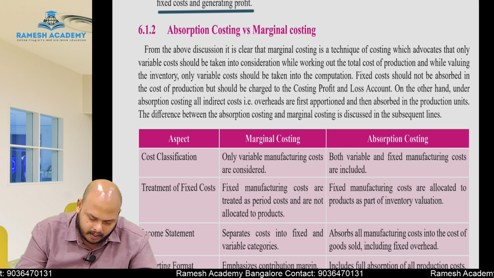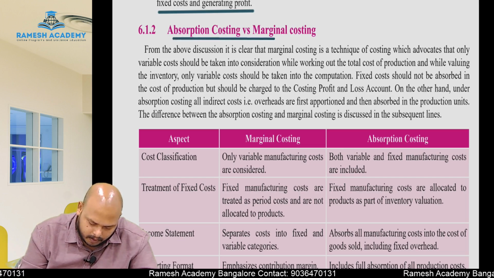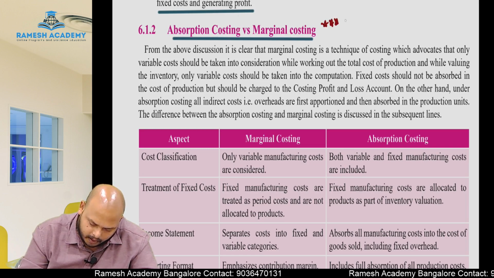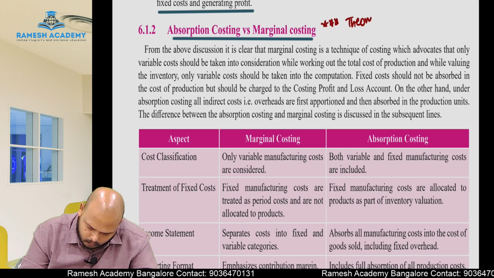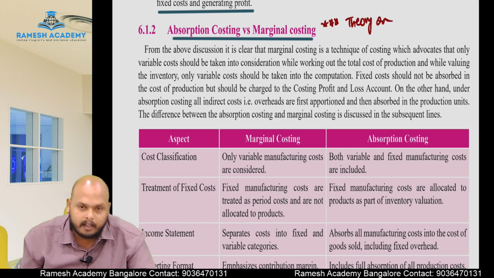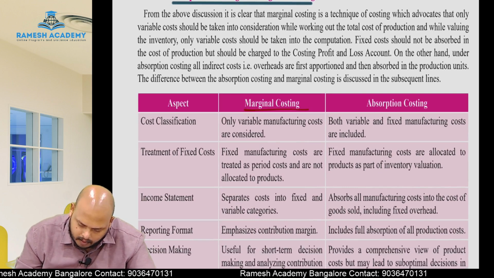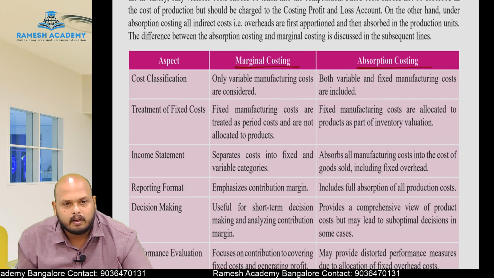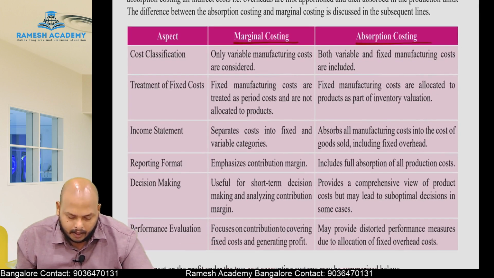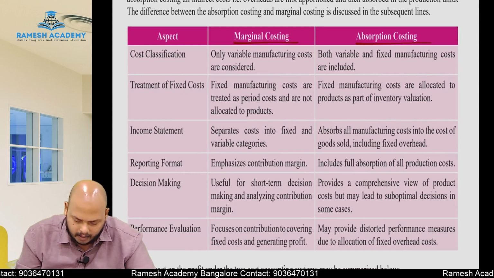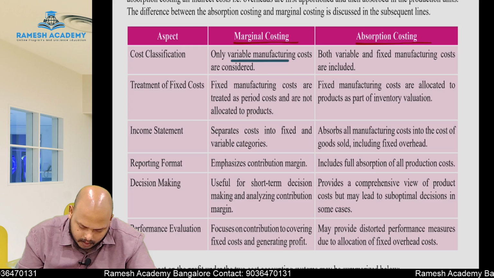Next, difference between absorption costing versus marginal costing. This is also very important for theoretical purposes. A theory question they can ask in the exam: what is the difference between marginal costing and absorption costing? Under marginal costing, only variable manufacturing cost is considered.